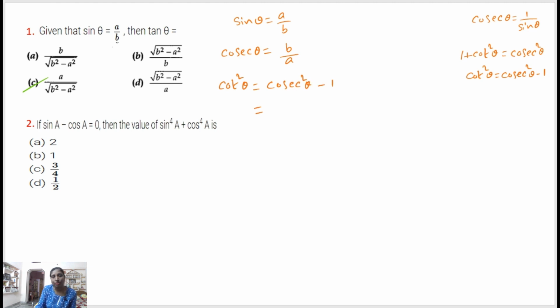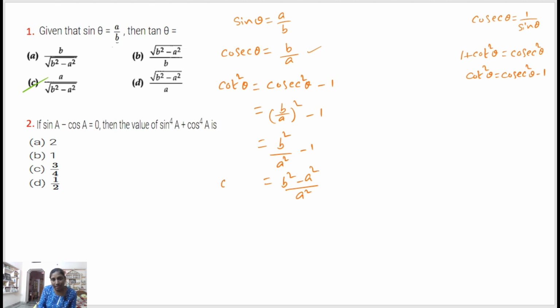So here cosec square theta minus 1. So what is cosec theta? B by a. B by a whole square minus 1. Now b square by a square minus 1. Now take LCM: b square minus a square by a square.